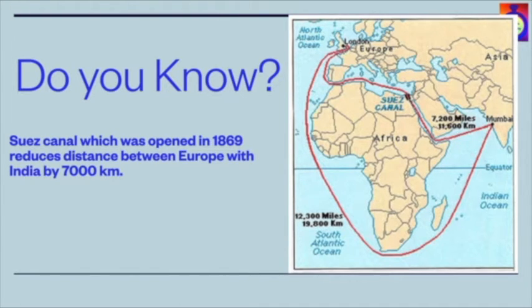Before that, sailors from Europe had to travel around the end of South Africa, Cape Comorin, and reach the western coast of India. So the Suez Canal reduced the distance between Europe and India by 7,000 kilometers.